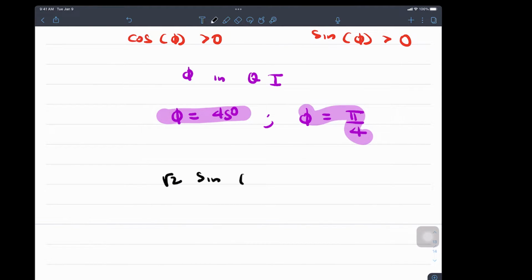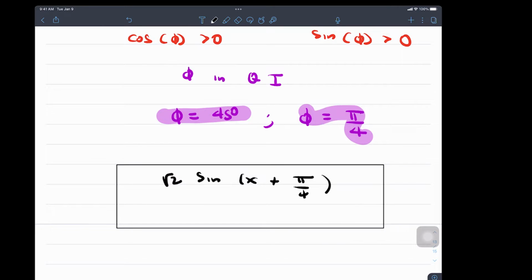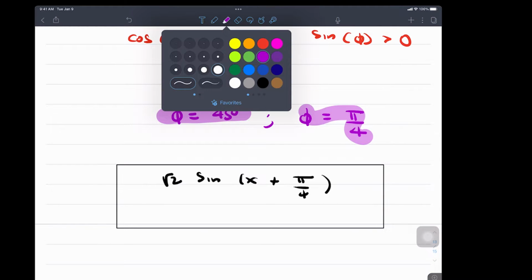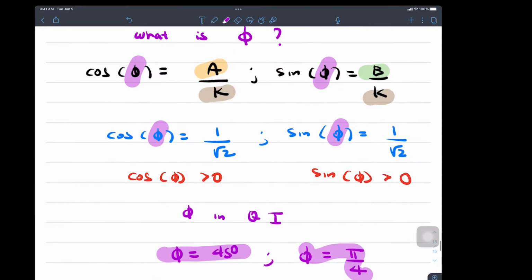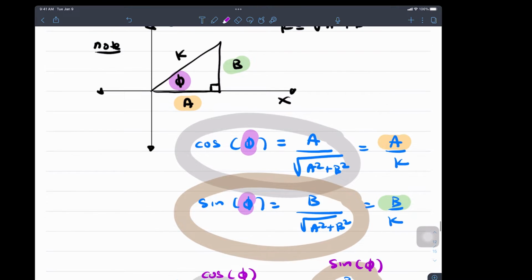Square root of 2 sine of x plus what? Pi over 4. Easy breezy lemon squeezy.